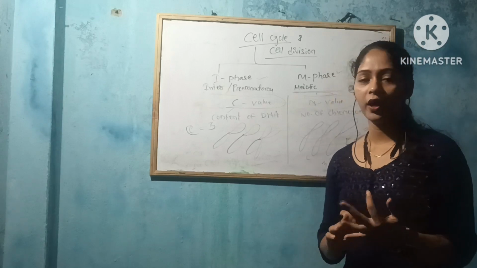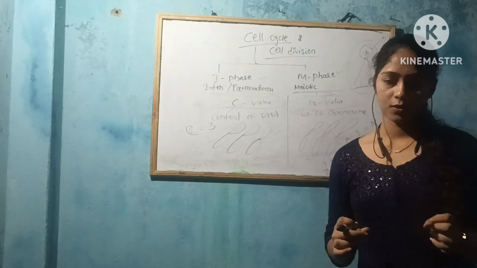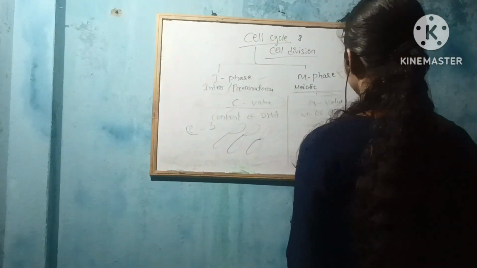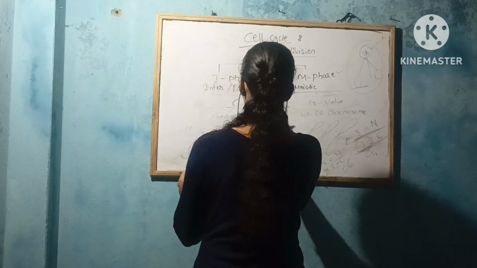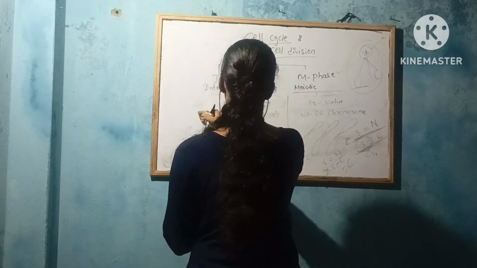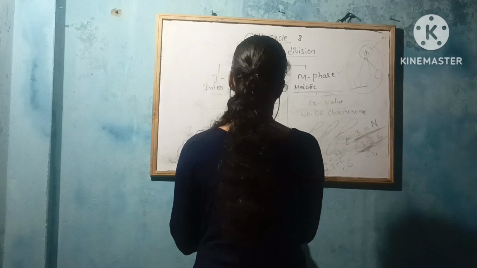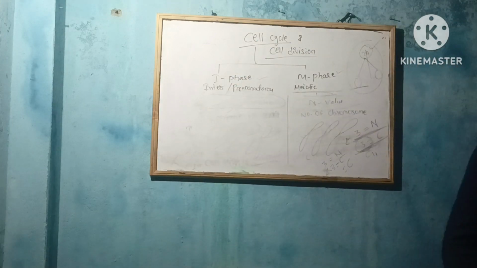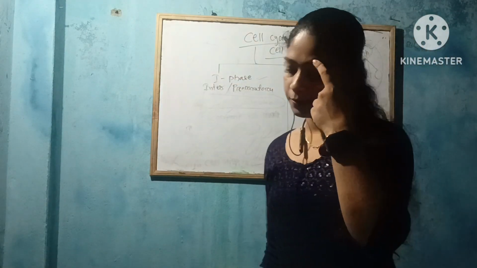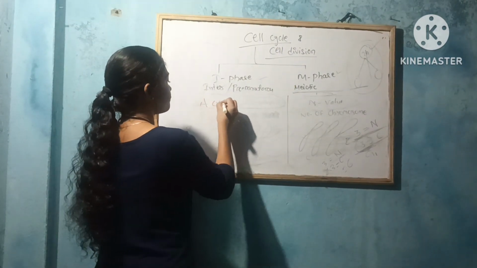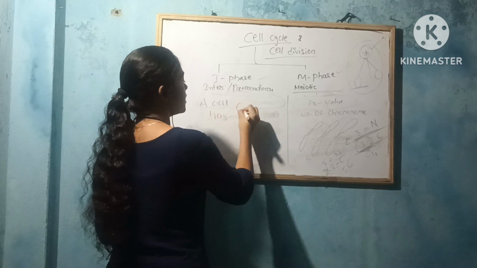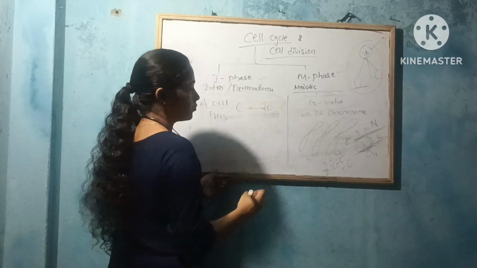I hope N value and C value are clear. So let's make it more clear. Let's do some more questions regarding this. Basically, let's take a question. A cell has C value 20.